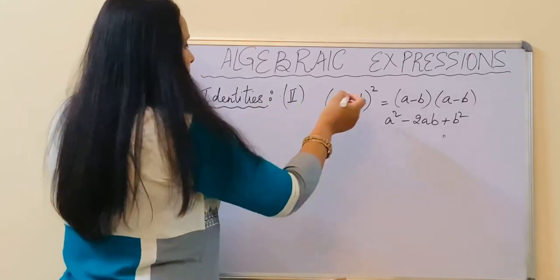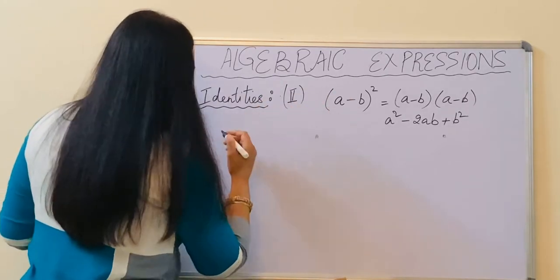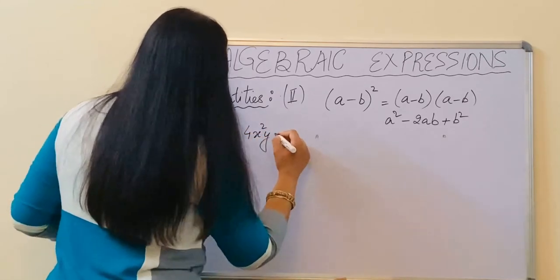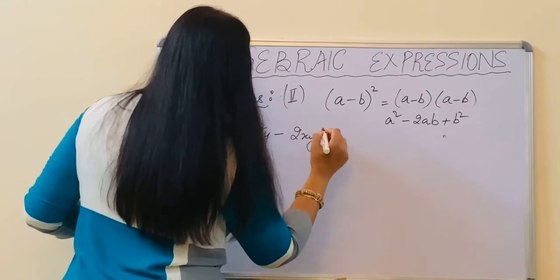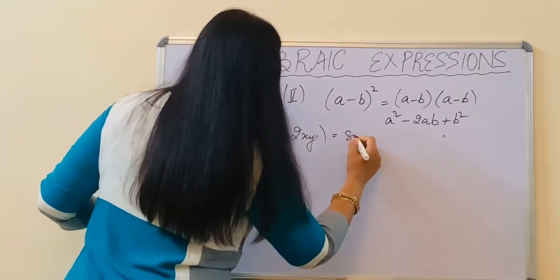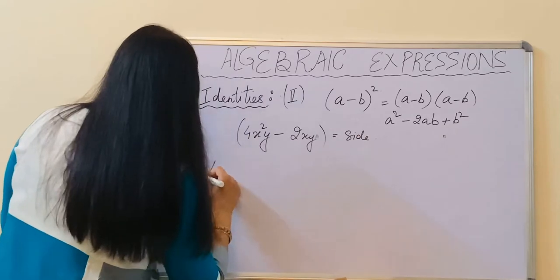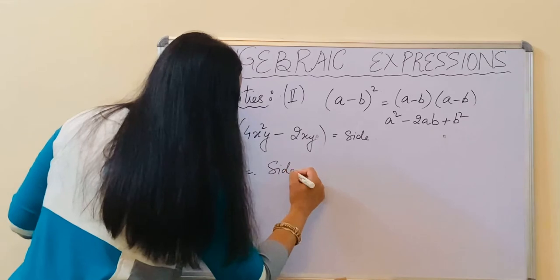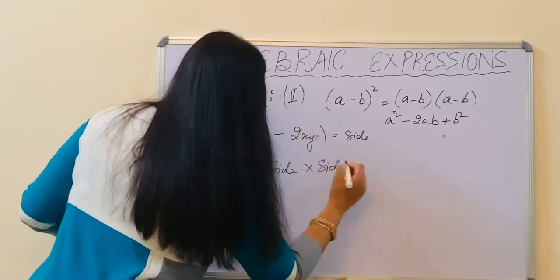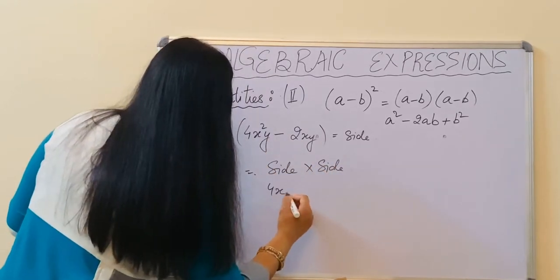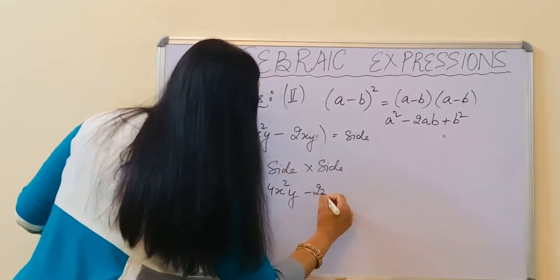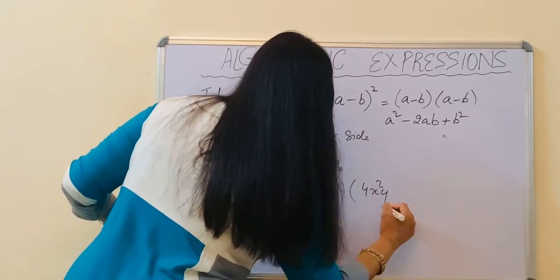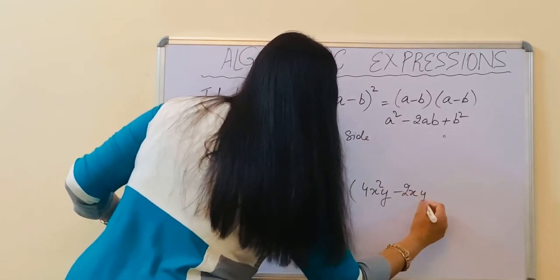If we have the value of the square side as 4x square y minus 2xy. This is side. How can we calculate the area in one go? Area we know, side into side, which is 4x square y minus 2xy into 4x square y minus 2xy.